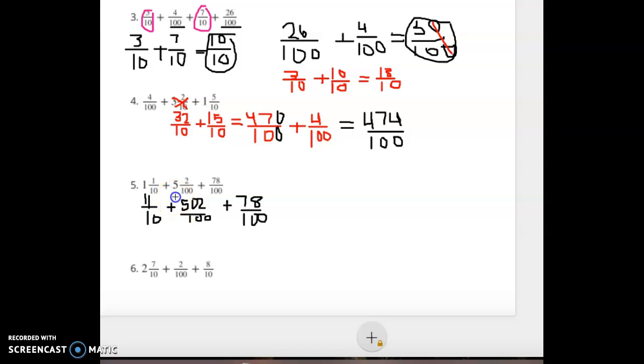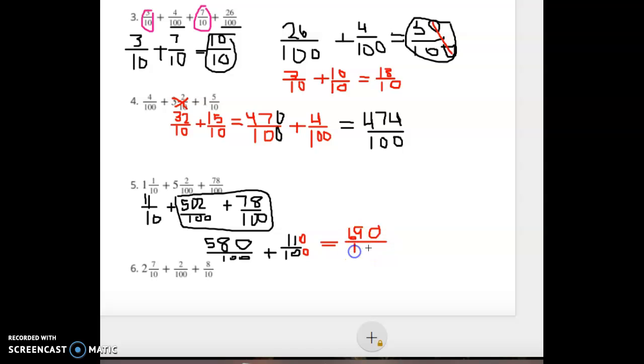So I'm going to add my hundredths together, which would get me 580 hundredths. And then I have to add my 11 tenths. I'm going to change my tenths to hundredths, and I'm going to get 690 hundredths.